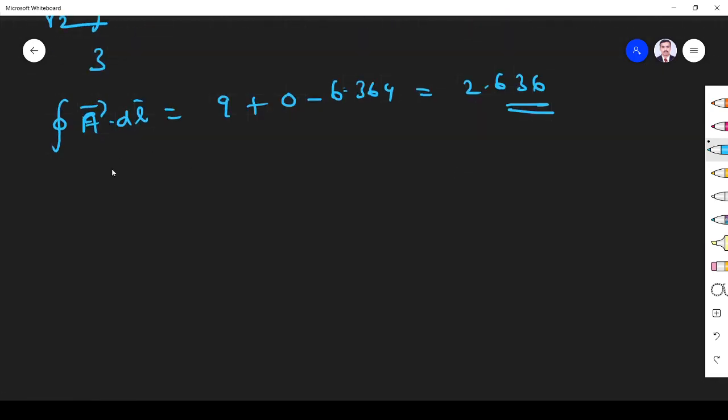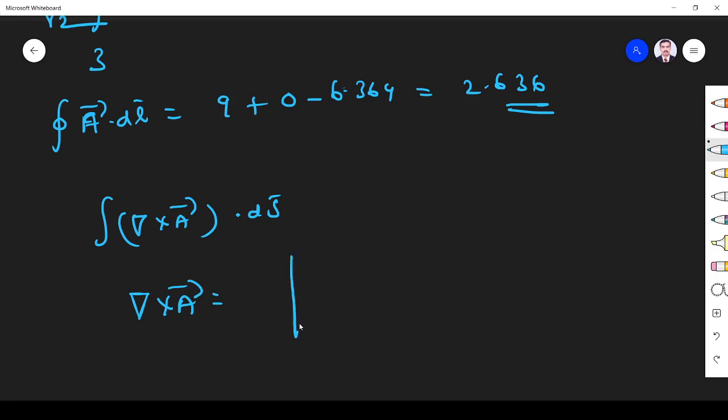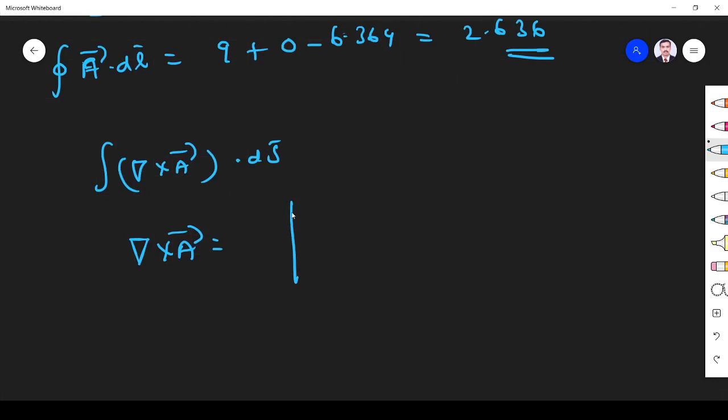The right hand side is del cross A dot ds. So first we have to find del cross A. This is a cylindrical coordinate system.